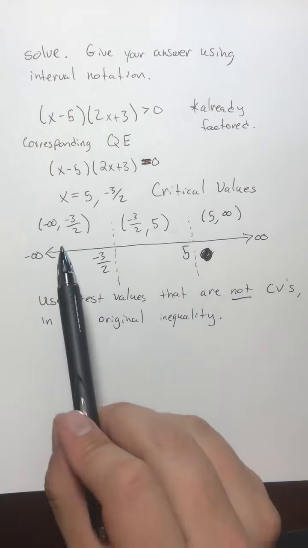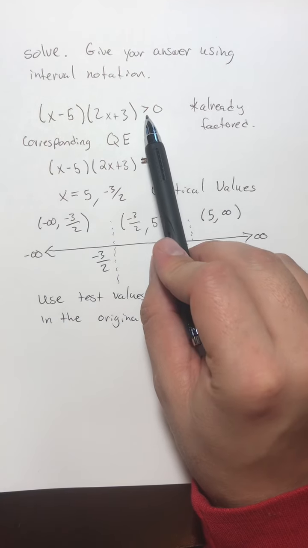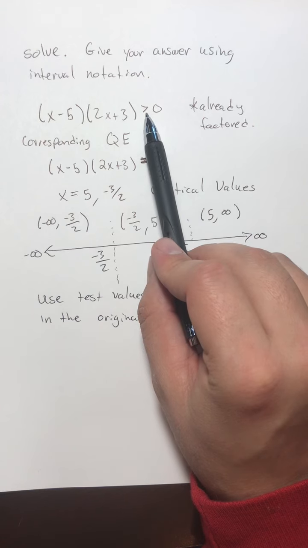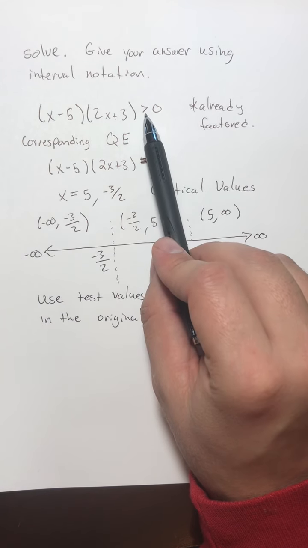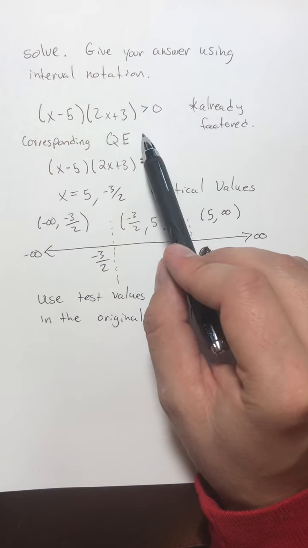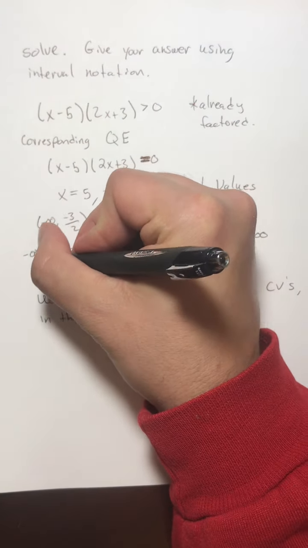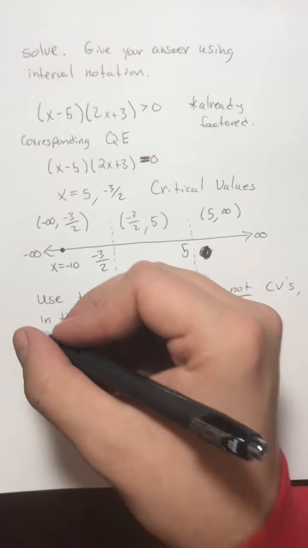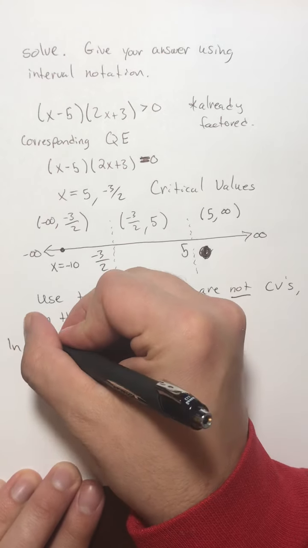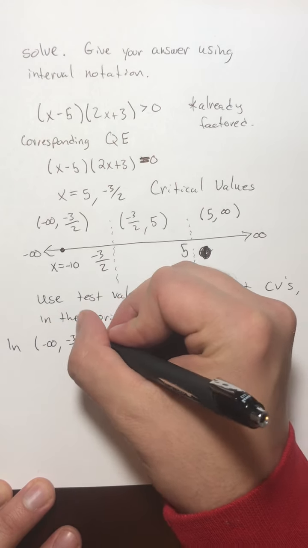So a test value is valid if it is strictly inside the interval, regardless of whether this is a strictly greater than or less than, or a greater than or equal to, less than or equal to. Always have to pick a test value strictly inside that interval. So in negative infinity to negative 3/2.